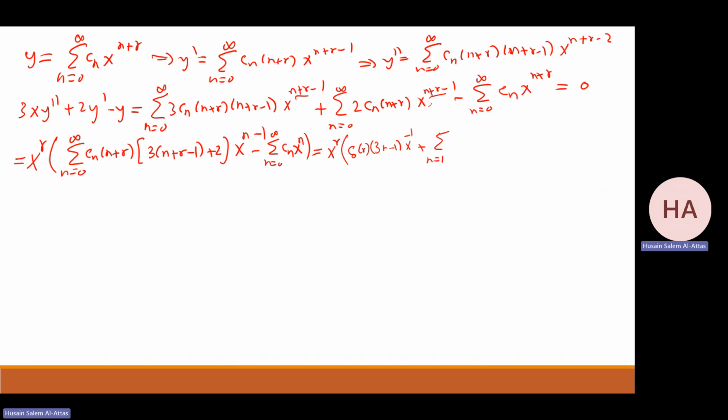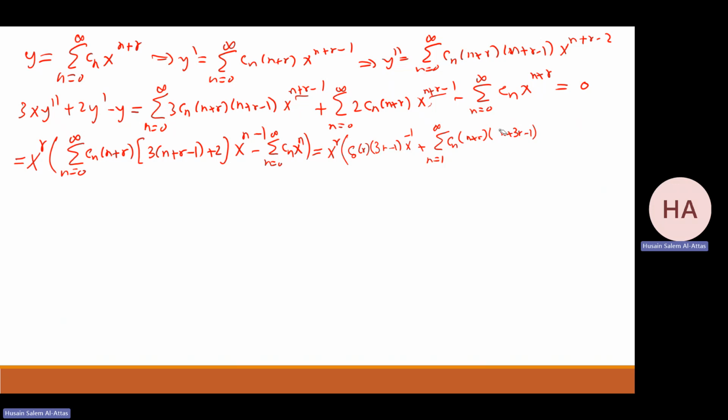This is starting now from 1. Cn n plus r times what? This is 3n plus 3r minus 3 plus 2. That is minus 1. Am I right? Yeah. You know what?